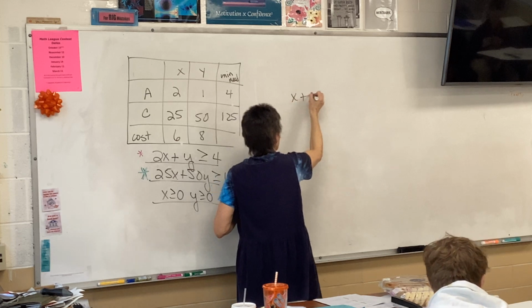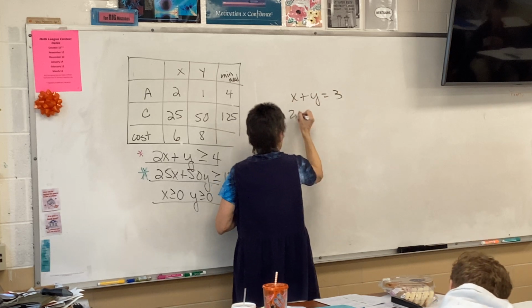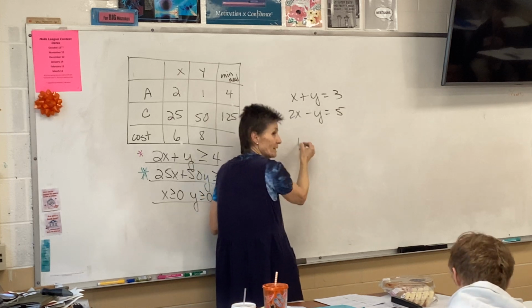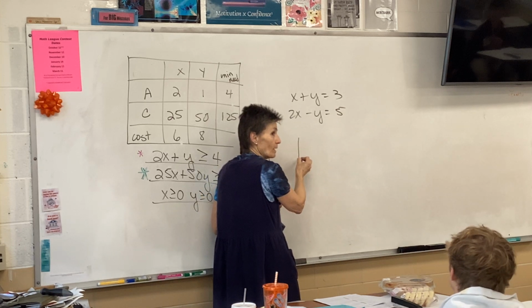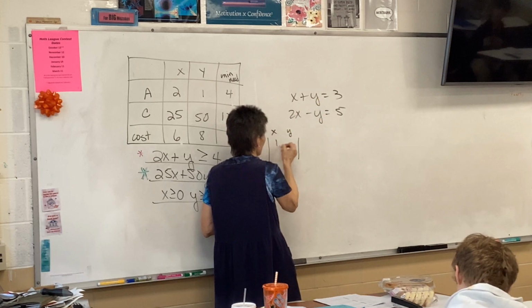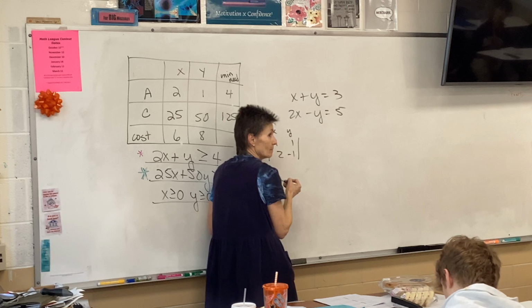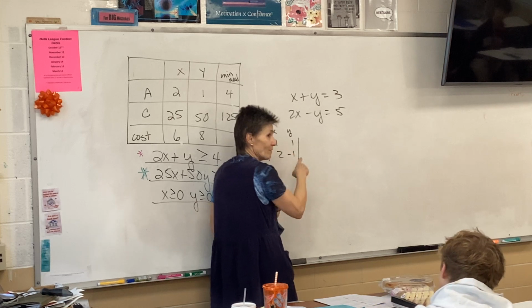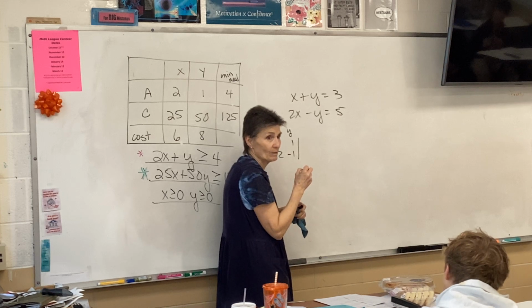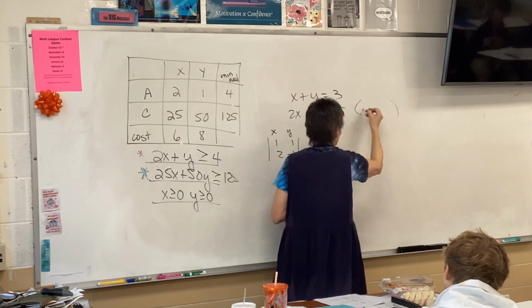If you have a system of equations, I'll do a real simple one here. You set up a determinant, right? The coefficients, so the x's and y's, 1, 2, negative 1. And that answer, whatever that is, becomes the denominator of my official answer, right?